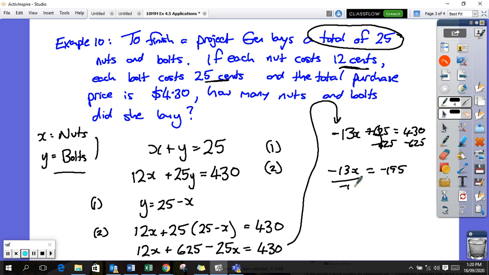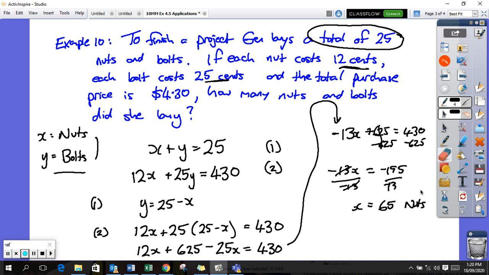And I divide by minus 13, and I divide by minus 13, and I get x equals minus 195 divided by negative 3, and that equals positive 65. So there were 65 nuts, and we have done something wrong, because we should have divided by 13 here.